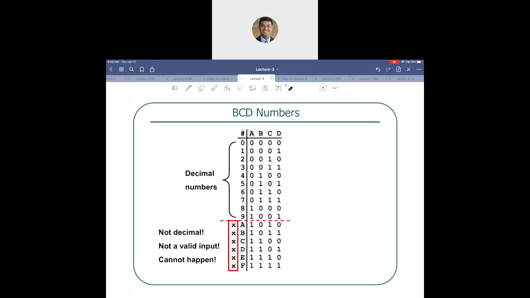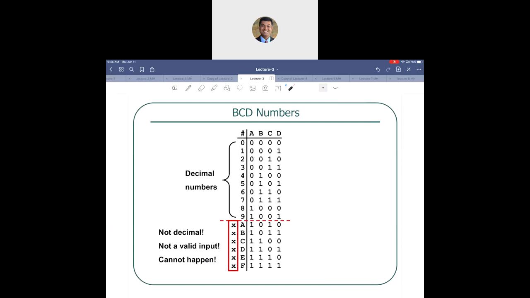We know that from the first set of lectures that 0 through 9 can be captured in BCD code that way. After that, if you keep incrementing by 1, what you have is decimal 10, 11, 12, 13, 14, 15, which cannot happen. So it's not a valid input, indicated as an X in the output.